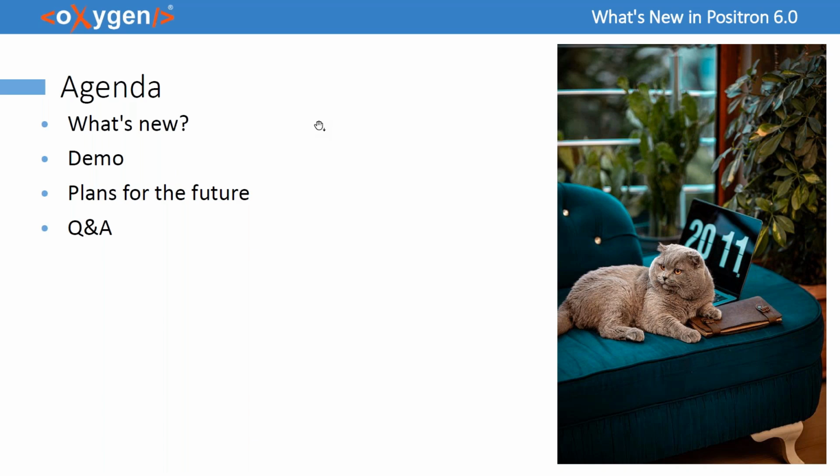Secondly, I want to demo some of the new things in the desktop Oxygen. And thirdly, I want to talk about our plans for the future. And at the end, after my talk, we'll have our customary Q&A time.